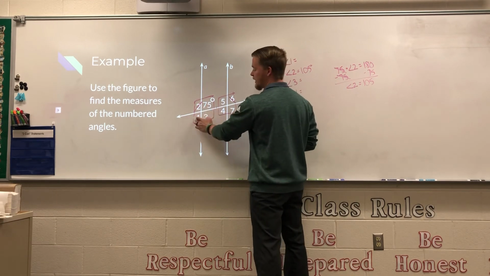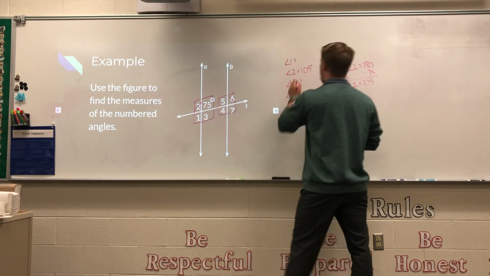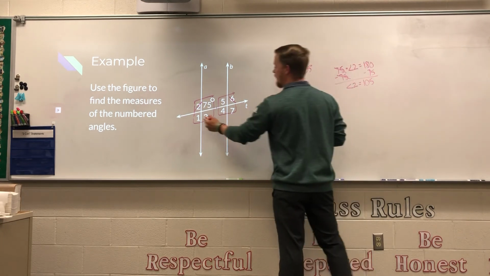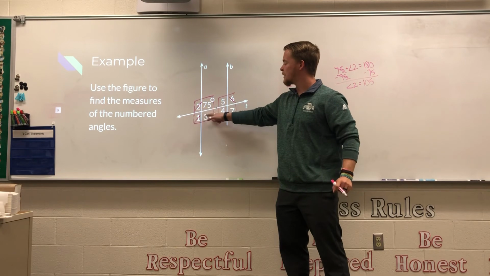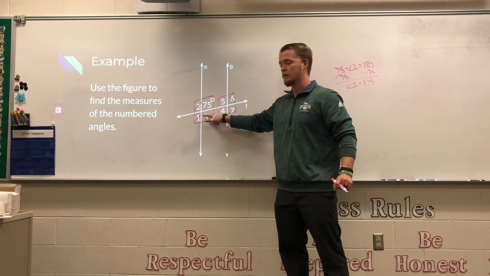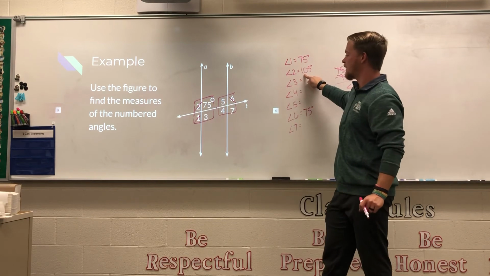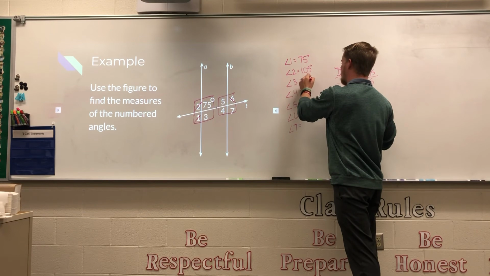Since they're straight across, that means they are the same. So angle 1 is also 75 degrees. And if you notice, angle 2 and angle 3 are also straight across from one another, and we already found angle 2 is 105, that means angle 3 is also 105 degrees.